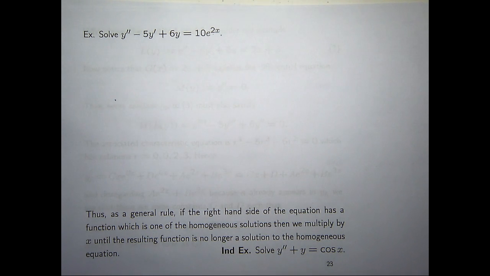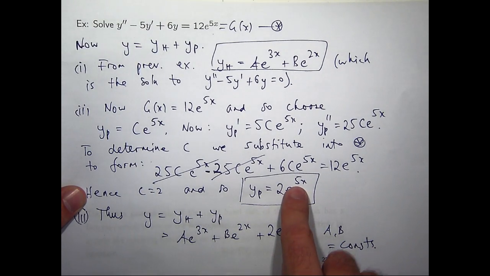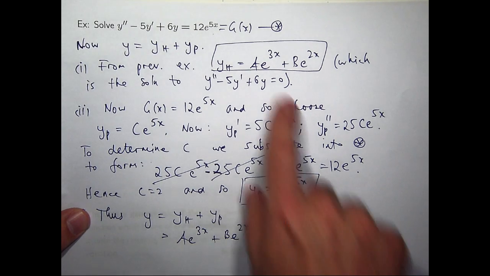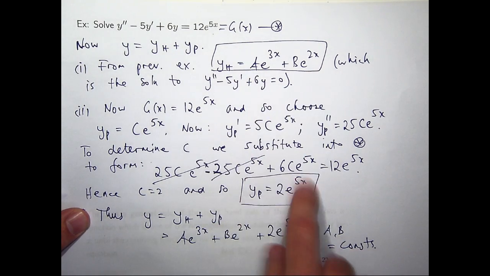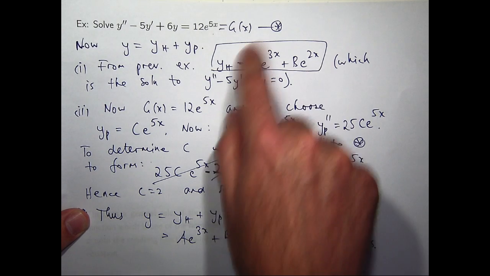Now, this is a good question to compare it with what we've done before. Let me just put this back for a second. You can see when I add this solution with this solution to form the general solution, this is adding something new to this.